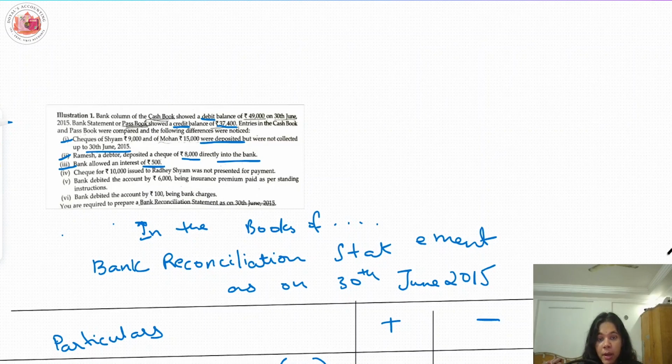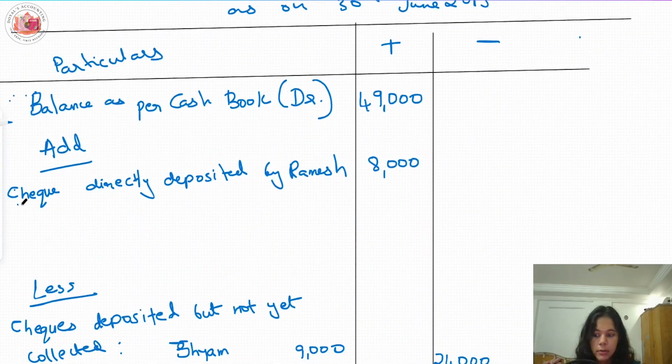That means our bank balance is 500 rupees more than our cash balance. To tally the two, I have to raise my cash balance. My passbook balance is 500 rupees more and my cash book balance is 500 rupees less. So I have to add 500 rupees. Let me add here bank interest.